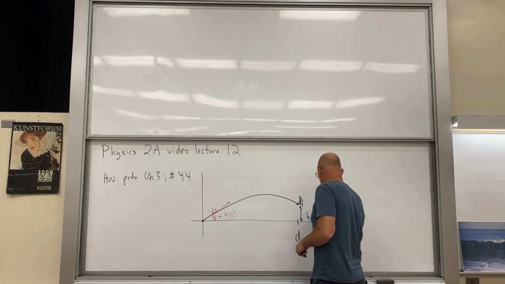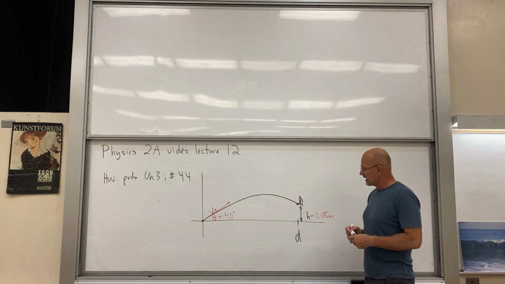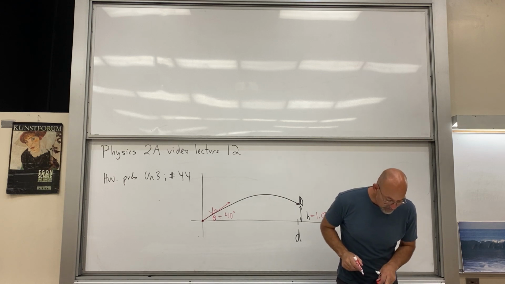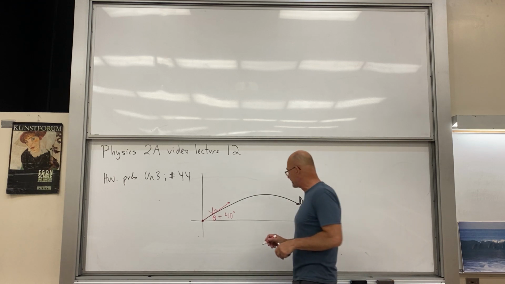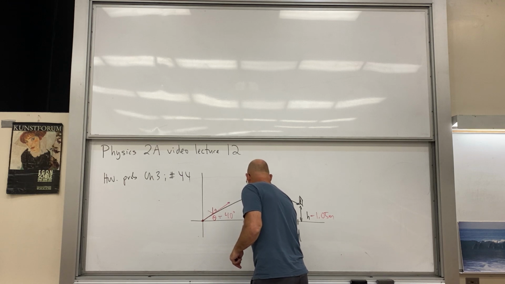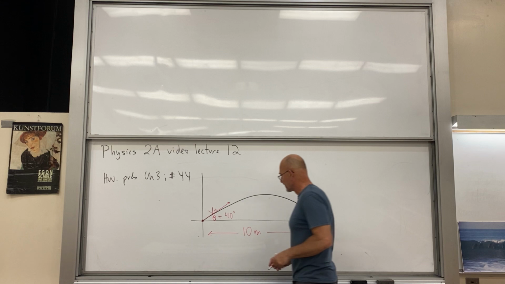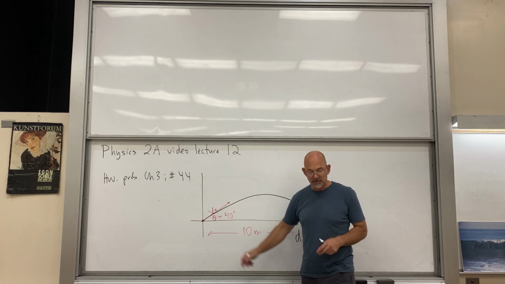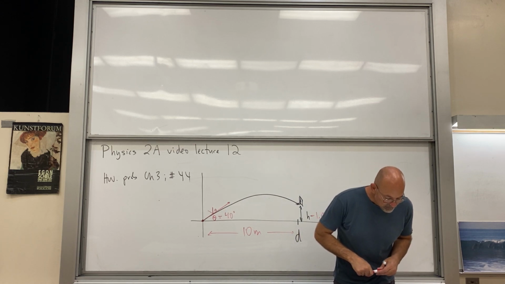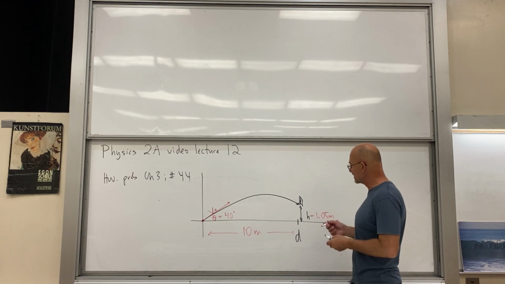The h here is 1.05 meters. And we have the d as well. The distance is 10 meters. So we're supposed to find this initial speed.